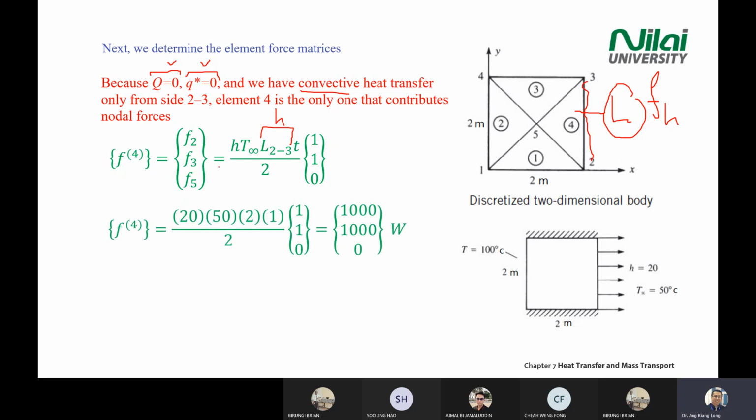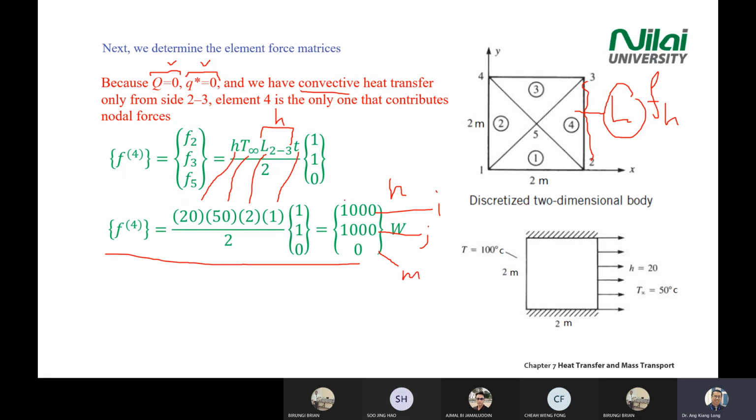You substitute the value, H20, thickness 50, length 2, thickness 1, temperature 50 degrees C, and so on. So forces that generated by convection H is 1000. This one is point I. This is 1000 at point J, 1000 at point M.